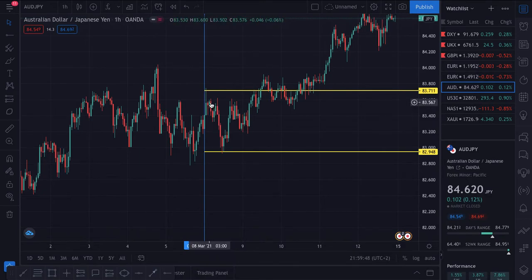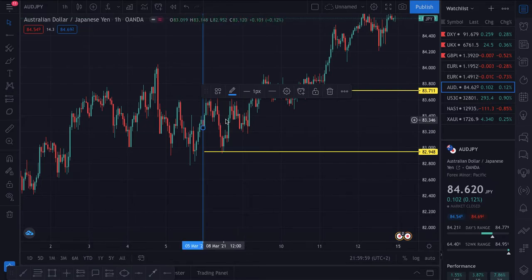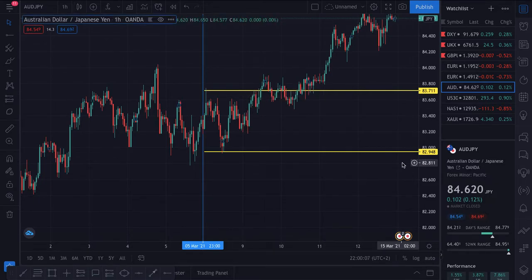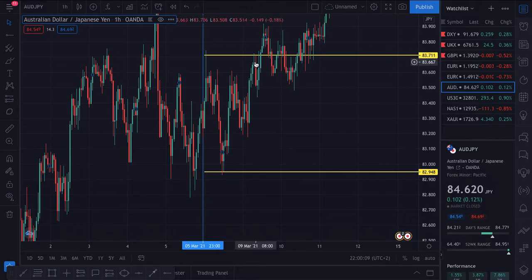And I want you to look at this, from 11 o'clock, right? Just look from 11 o'clock up until 7 o'clock in the morning. How many pips we could have cashed up until 7 o'clock in the morning.